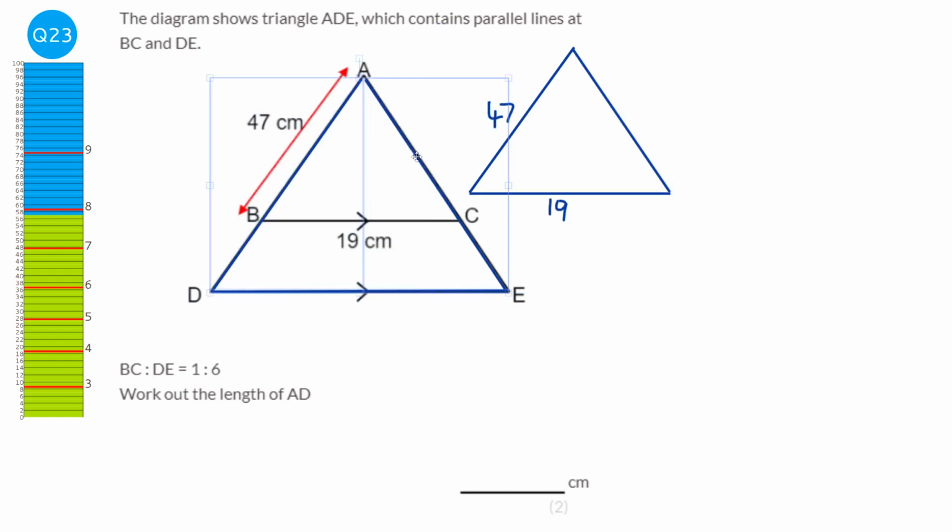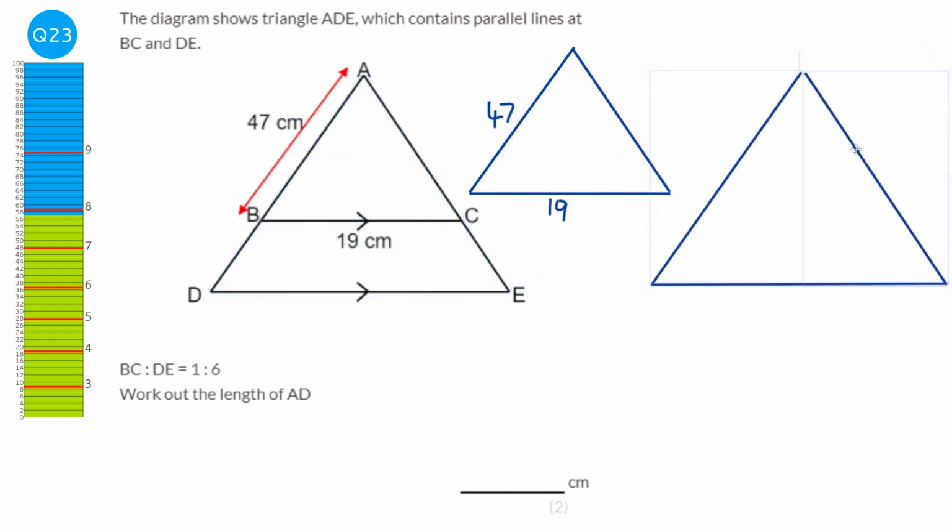Now we know that both of these triangles are similar, and the reason is they share an angle and the lengths at the bottom are parallel, so they will be similar, which means one's an enlargement of the other. And we are given some information in the question that the ratio of BC to DE is 1 to 6.